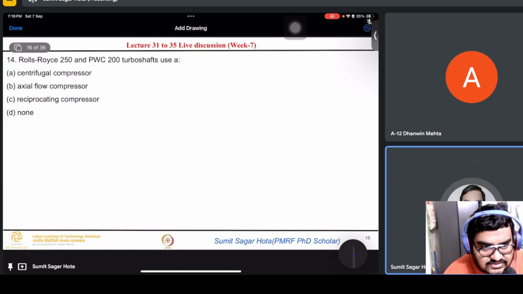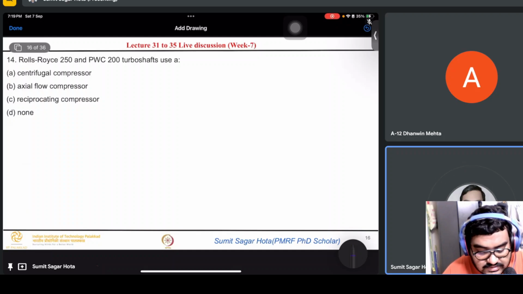In most cases Rolls Royce is used for military purposes, and PWC is used for both commercial as well as military purposes, and for that you need a very powerful compressor, which is a centrifugal compressor, because there are space limitations, all things are there. That's why general axial and reciprocating compressors cannot be used as compared to a centrifugal compressor, okay.